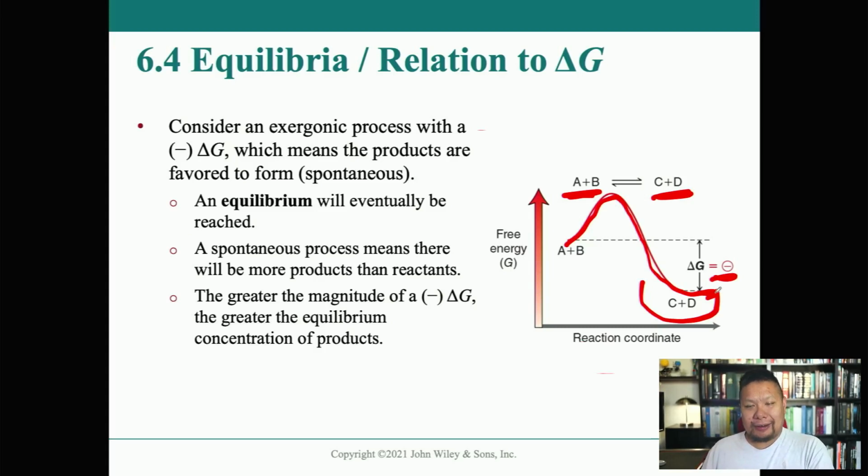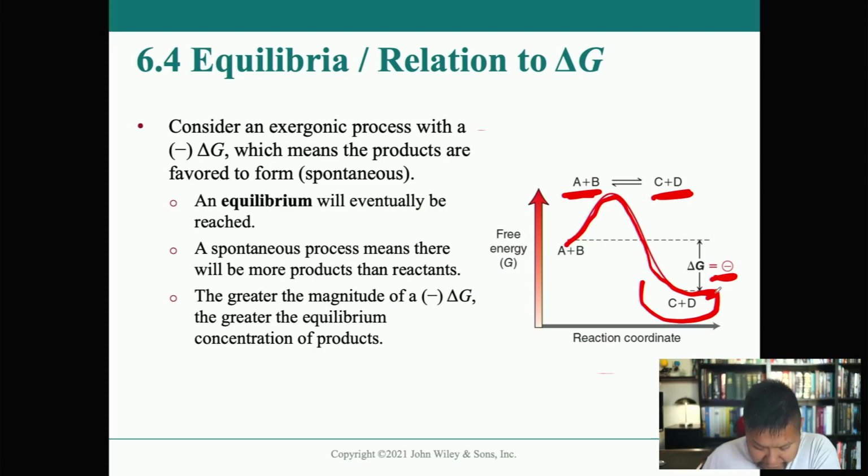And like I said, the rate of making the products will be the same as the rate of making the reactants, and so that's where we stop getting more products, because on the reactant side there's just not as much collision happening anymore.